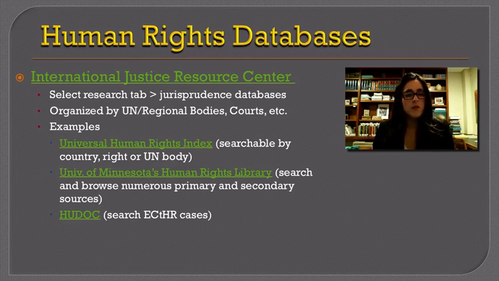The University of Minnesota's Human Rights Library, which allows you to search and browse both primary and secondary sources. And then I also included a link to HUDOC, which allows you to search cases from the European Court of Human Rights. Now, technically, this is a regional organization, but because this database is so powerful and does such a good job of allowing you to search across these cases and materials, I couldn't not include it.